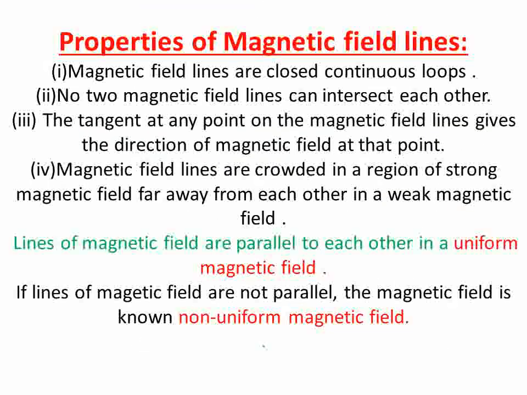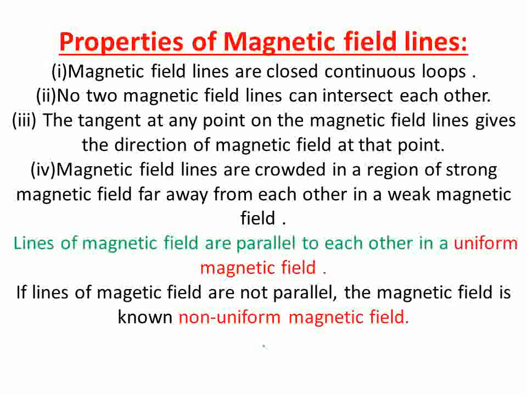Properties of magnetic field lines. Number 1, magnetic field lines are closed continuous loops or curves. Number 2, two magnetic field lines can never intersect each other.